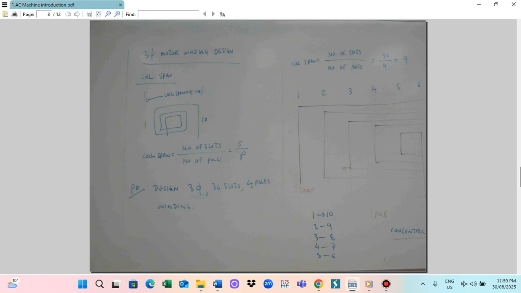This winding starts from slot 1 and ends at slot 10. So the coil span is 9. For the two sides, this side starts from 1 and the other side ends at 10. So the coil span is 9.